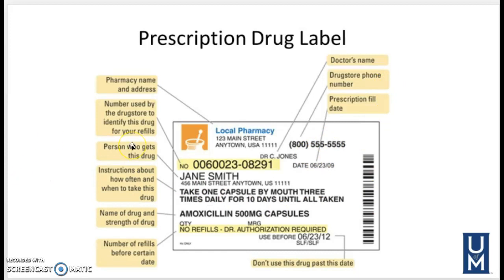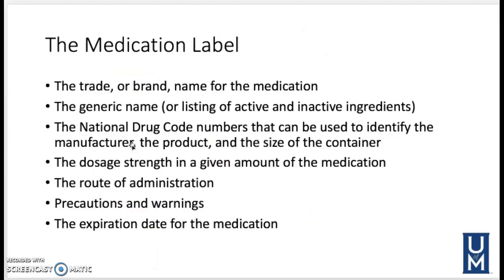I do want to backtrack just a second. I realized I didn't differentiate the two names here on the medication label. So I just want to throw this out there that oftentimes there is a trade or brand name, but also a generic name. So I'm going to give you a very common example. So the drug Tylenol. Tylenol is the trade or the brand name.